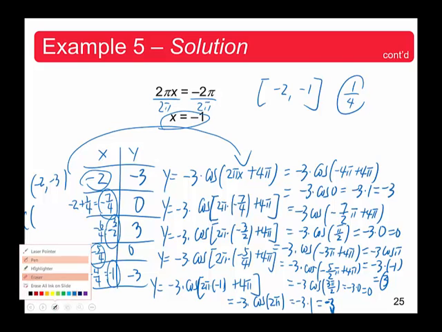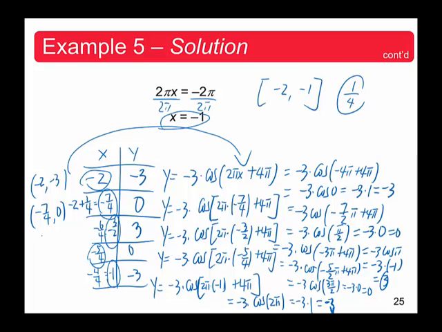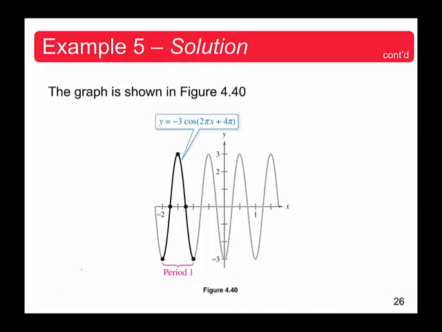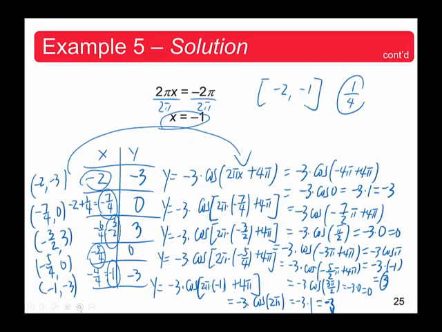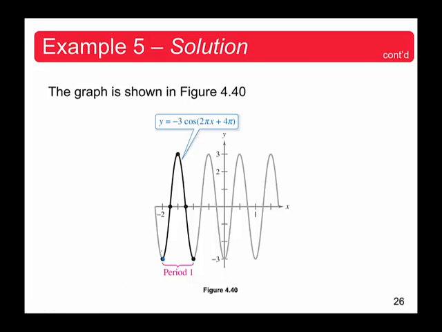Then you get this particular graph. As you can see, if you graph that, at negative 2 we reach the minimum right here, negative 2, negative 3, the first ordered pair. Then adding a quarter, negative 7 over 4 becomes 0, and then negative 3 over 2, where the peak matches what we have here.